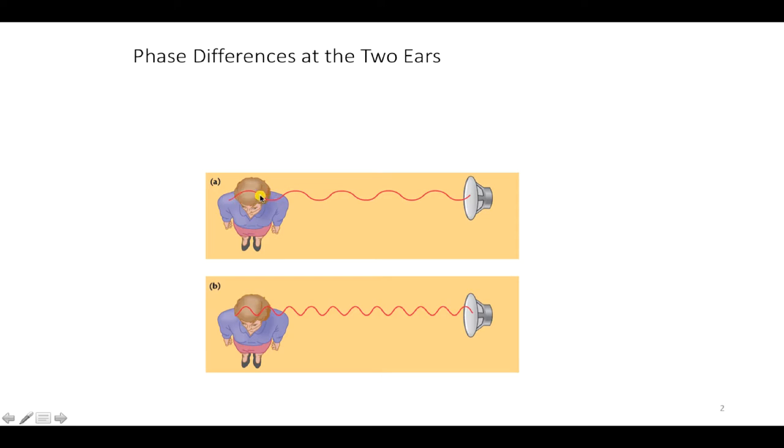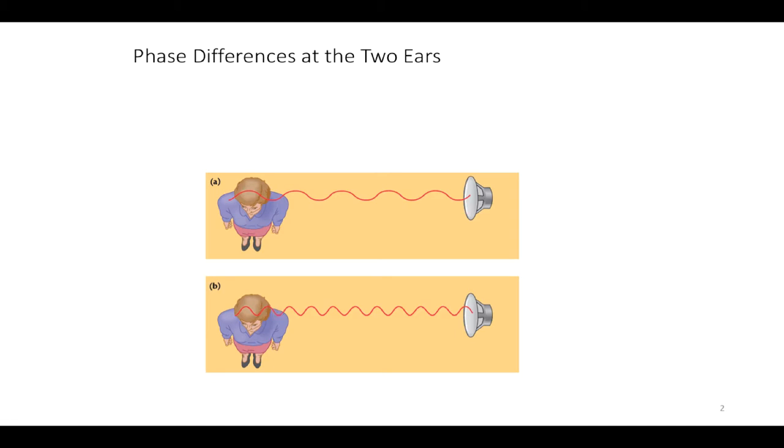On their left ear here, we're seeing it's on this rising phase, going up. But when it hits the right ear, it's on the falling phase, going down. And so we can see a couple of examples here where it's hitting the left and the right ears at different phases.